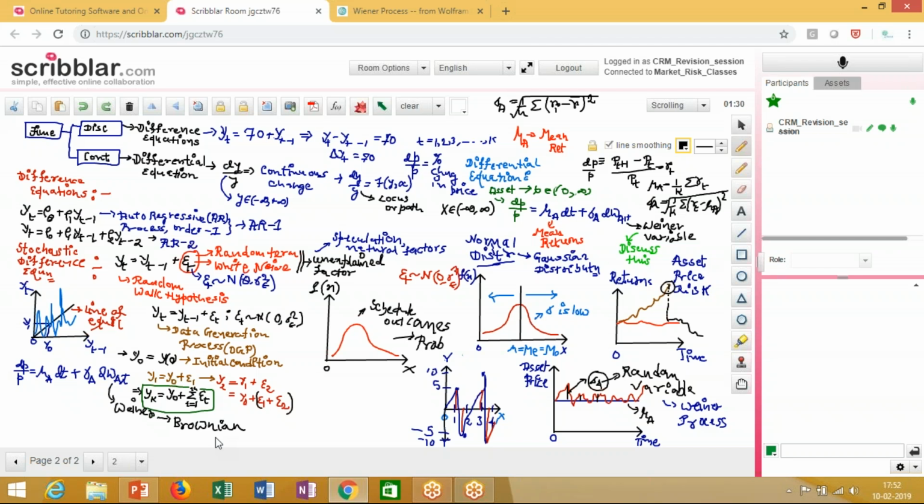So that is why this Wiener variable was a mathematical replication, or a mathematical formalization, of the Brownian motion, right? Now, when I talk about this Brownian motion variable, how does it replicate the Brownian motion? That is something that we need to see over here.